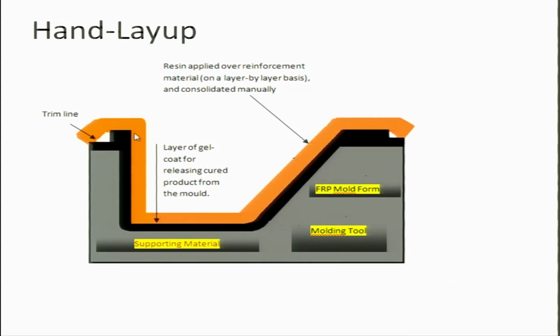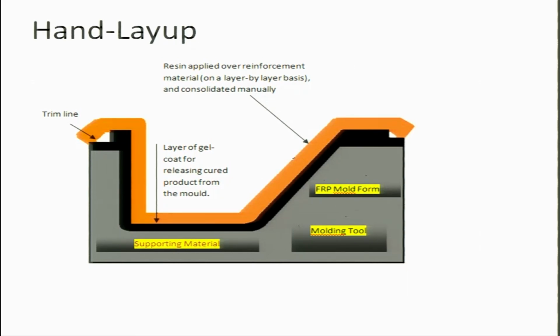And then this orange zone is basically several layers of fibers. So you put first layer of fiber, then you apply resin, squeeze off the extra material, second layer of fibers, and so on and so forth, and you slowly build it up.